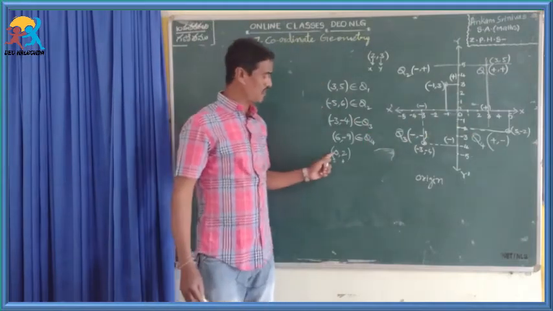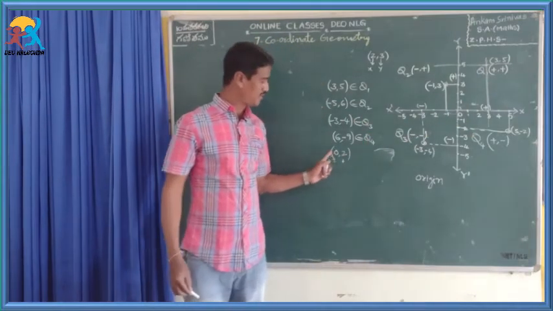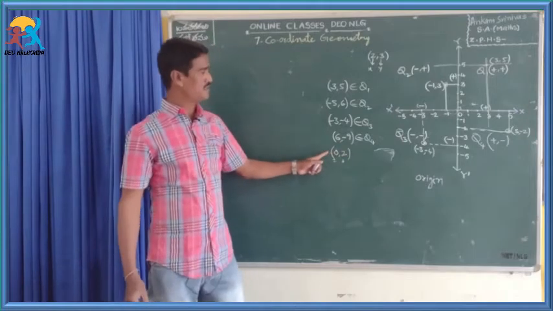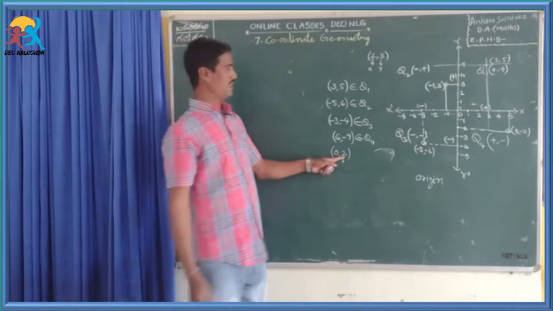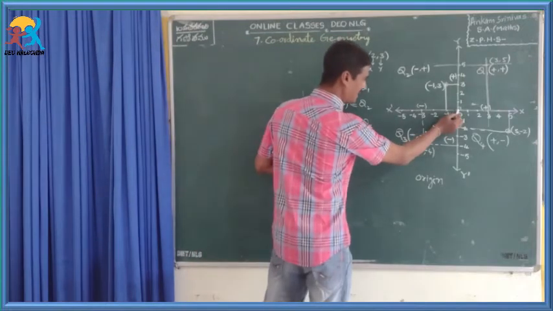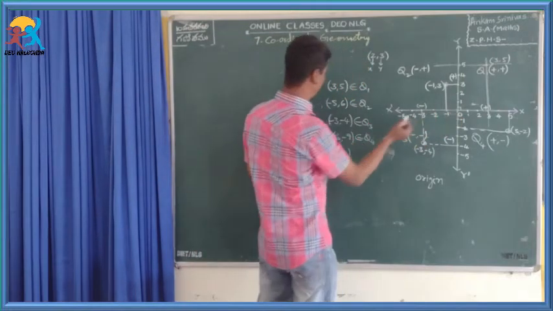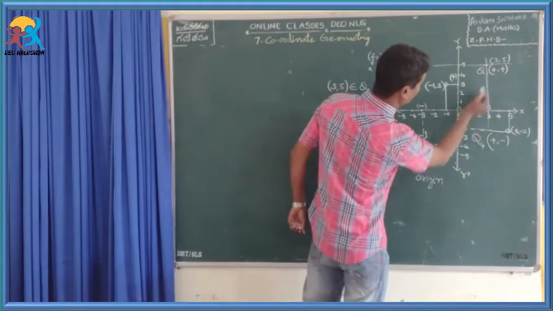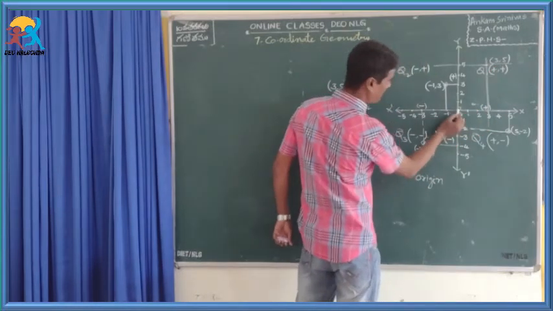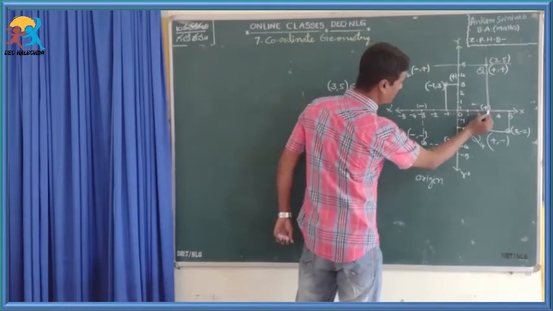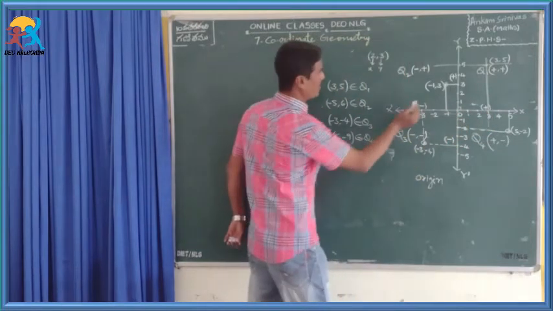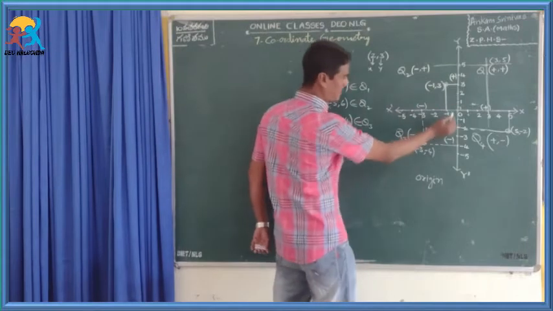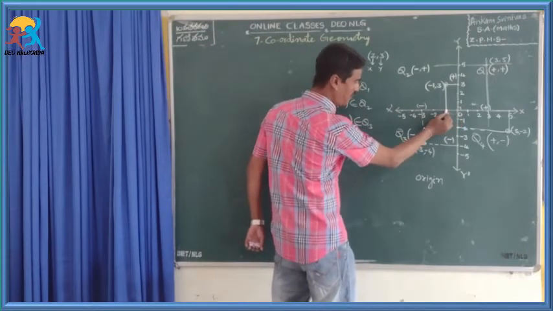Now if I take 0 comma 2, where is its position? On the x axis 0, on the y axis 2 units. Earlier I took 3 comma 5, which is 3 units to the right of the origin, and minus 1 comma 3, which is 1 unit to the left of the origin.